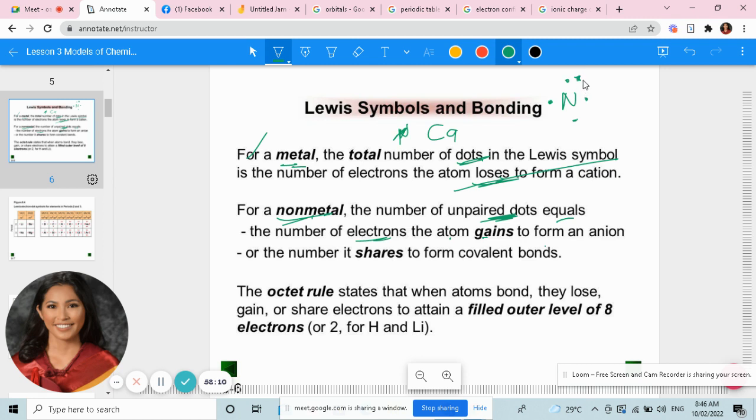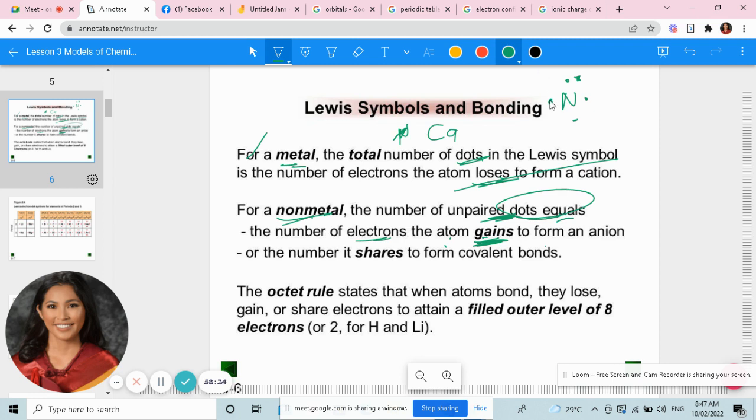Now, how many electrons can nitrogen gain in order to become isoelectronic with neon? 3, ma'am. 3. It says here that the number of electrons gained is equal to the number of dots.